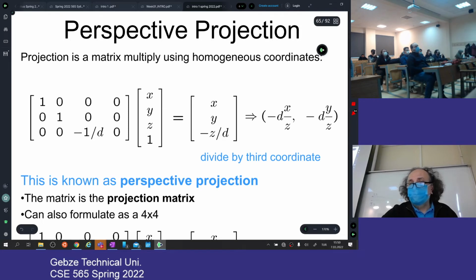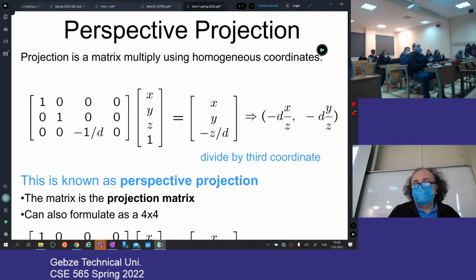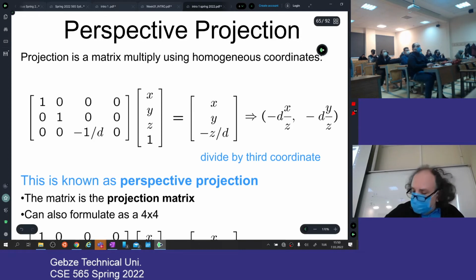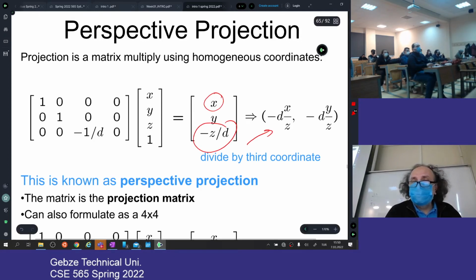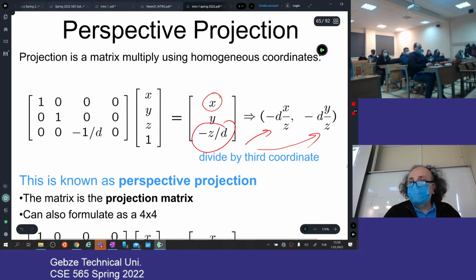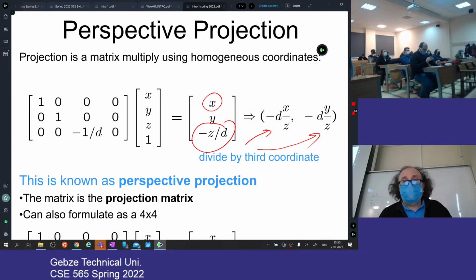Like doing this one. So x over z over d, so minus d times x over z. If you divide this x with this number, this is what I get. If I divide y with this number, this is what I would get. So I achieved what I wanted.